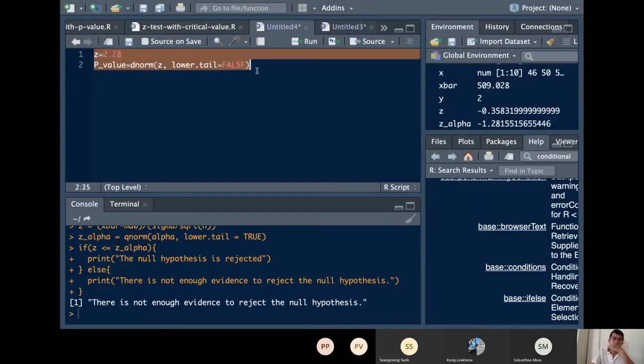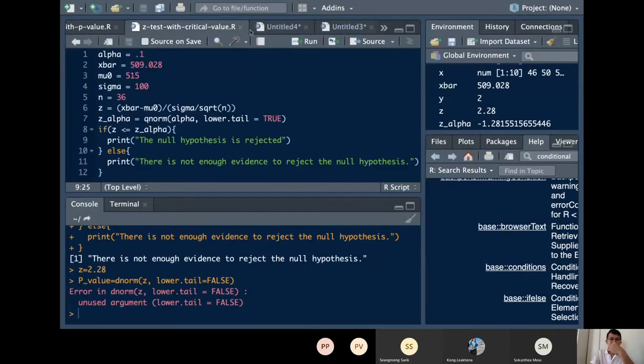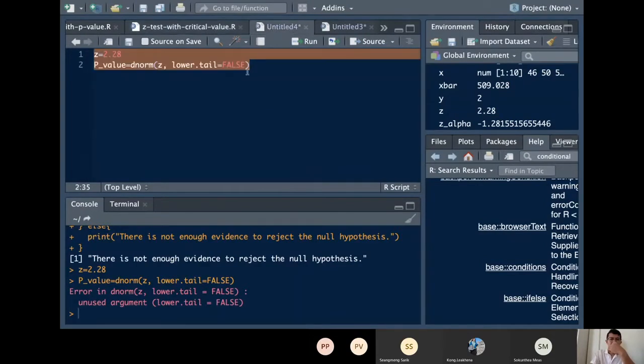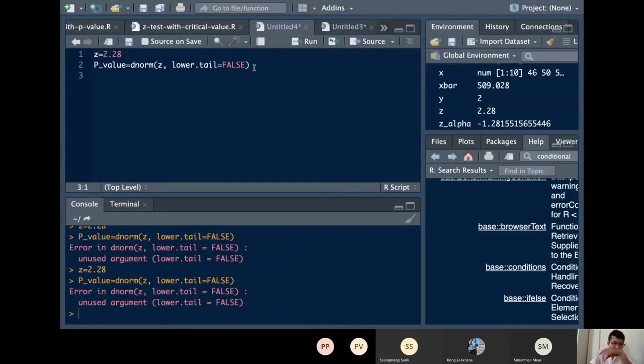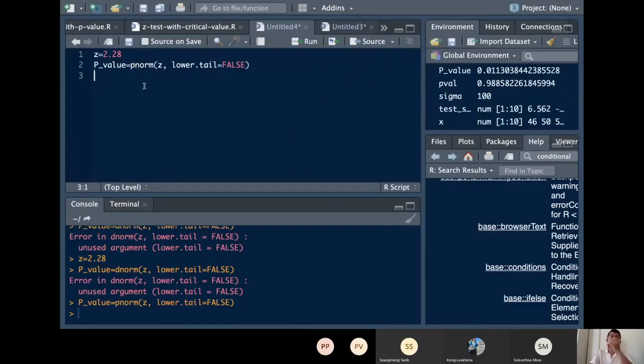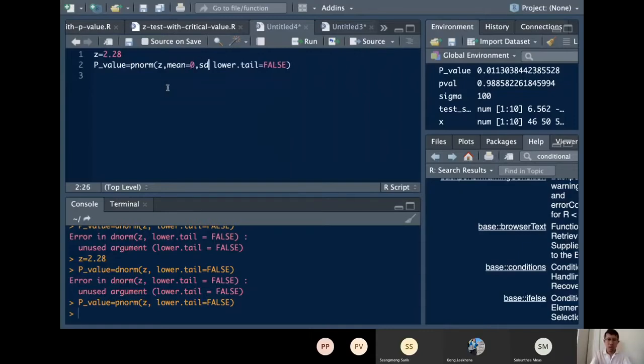So okay, let's try to run this. We have to specify the mean equal to 0 and standard deviation equal to 1.